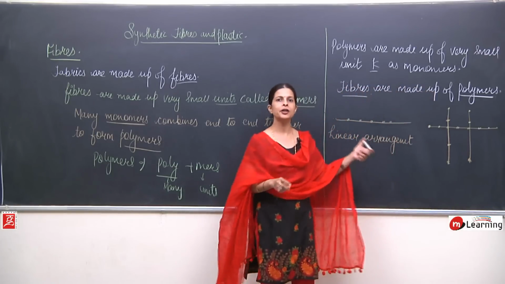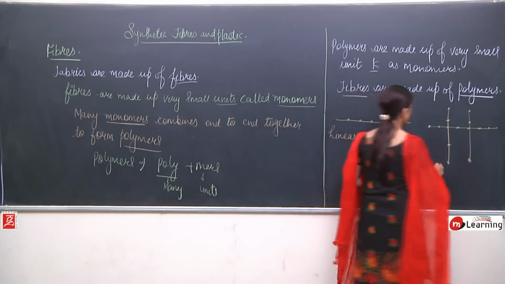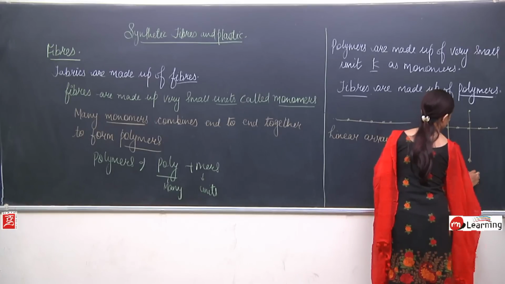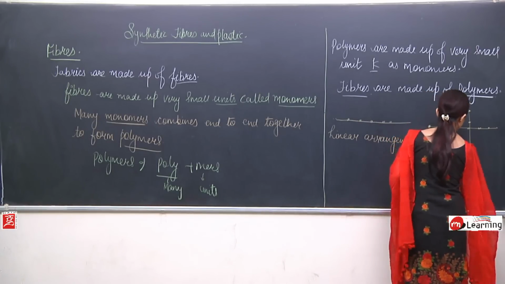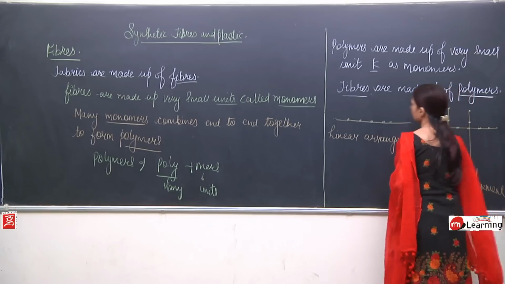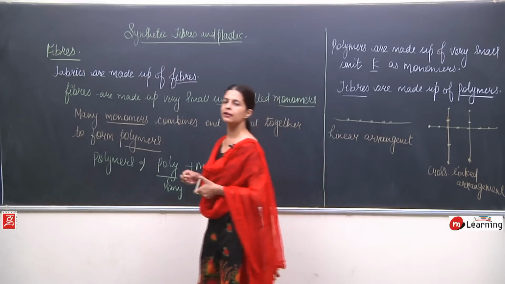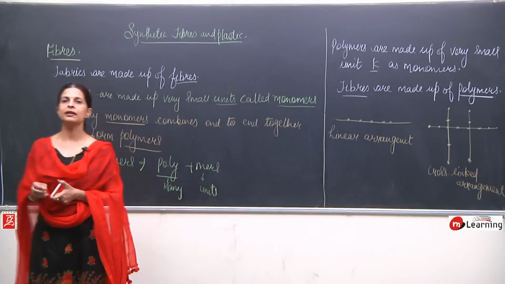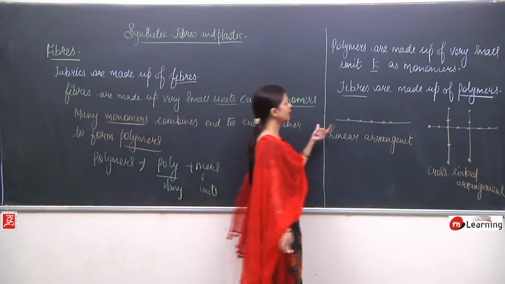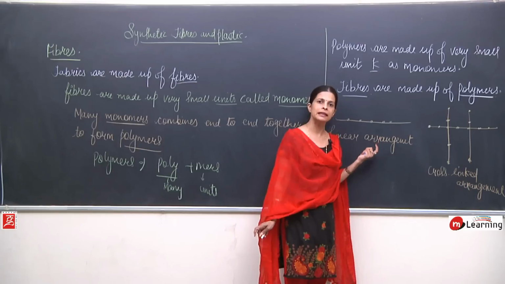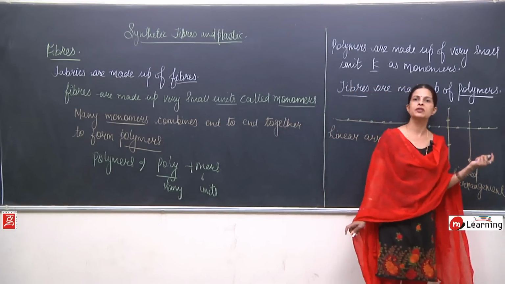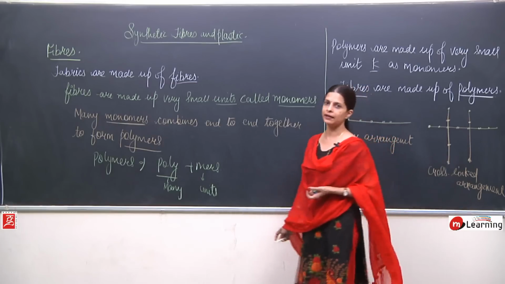So this kind of arrangement is known as a cross-linked arrangement. That means polymers can be formed by different kinds of arrangements of the monomers. It can be in a straight way, known as linear arrangement, or in this form, known as cross-linked arrangement.